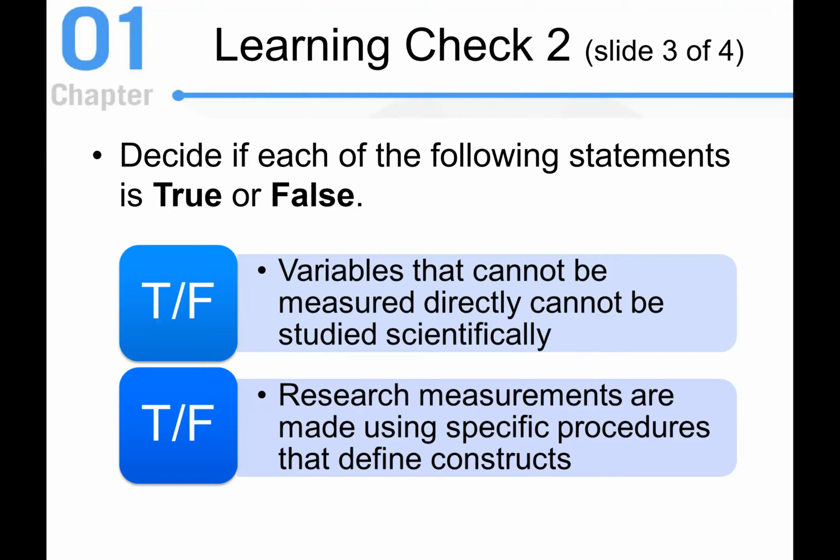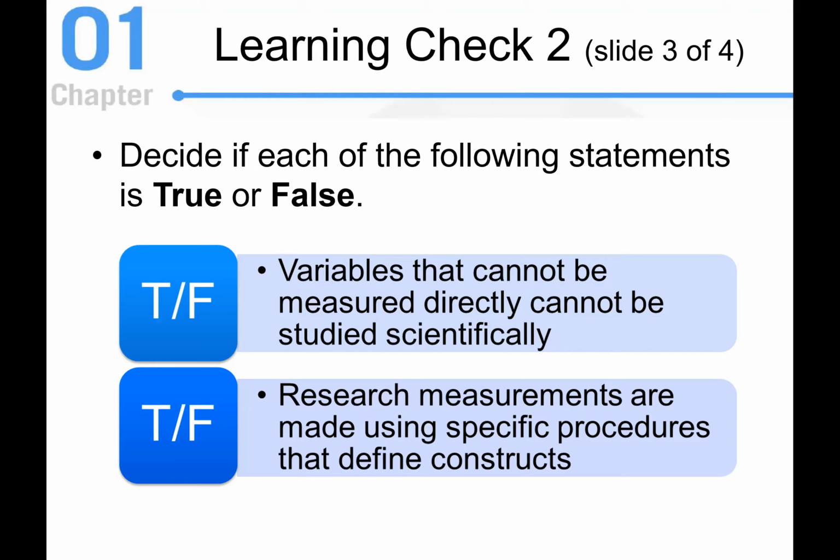We do this all the time, especially in the social sciences such as psychology, sociology, anthropology, etc. So we can measure constructs. So the answer is false. Constructs, internal states can only be observed indirectly, but they can be operationally defined.